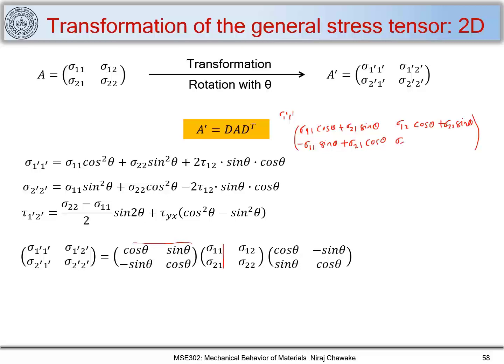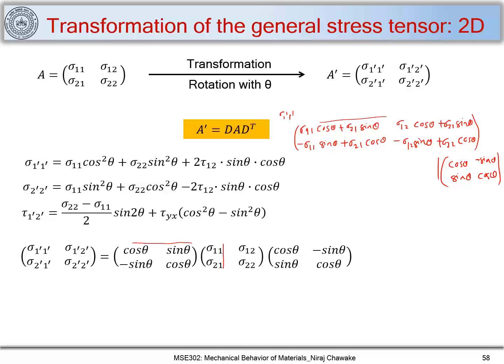Then you have sigma 2 2 cos theta, and sorry, this will be minus sigma 1 2 sin theta plus sigma 2 2 cos theta. So I get this, and I will write down this matrix: cos theta, minus sin theta, cos theta.